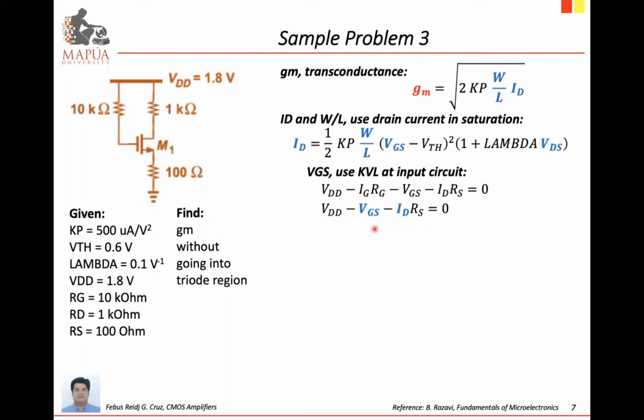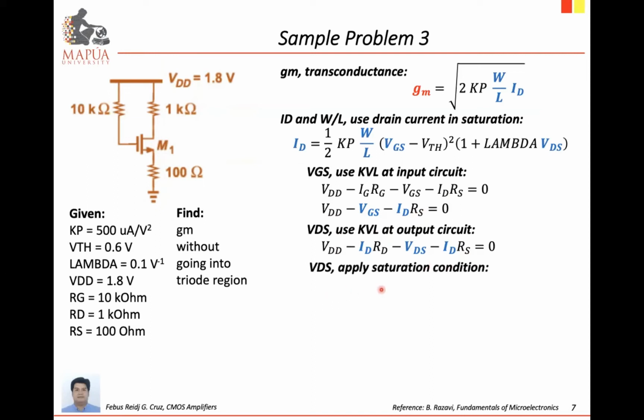So from here, we still do not know VGS and ID. While for the VDS, we can formulate the equation from the output circuit: VDD minus IDRD minus VDS and then minus IDRS. So again, you have unknowns ID and VDS.